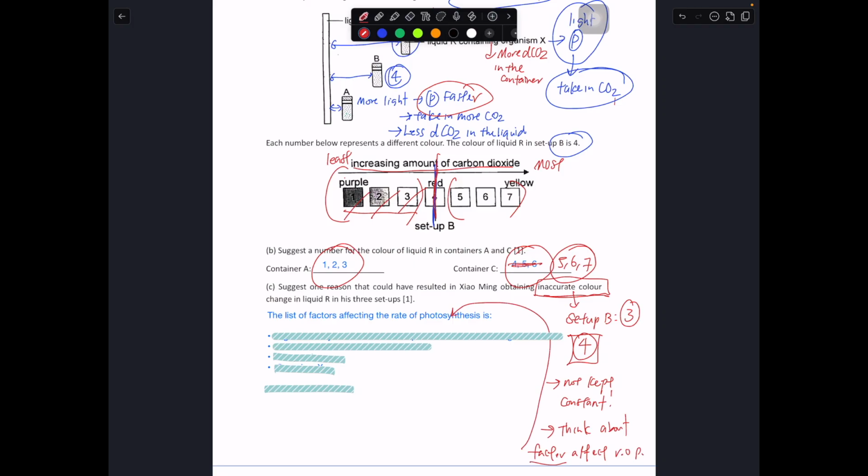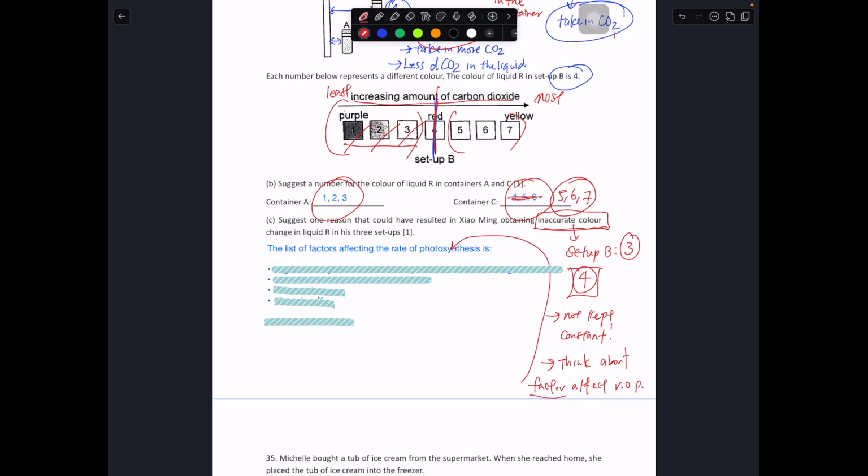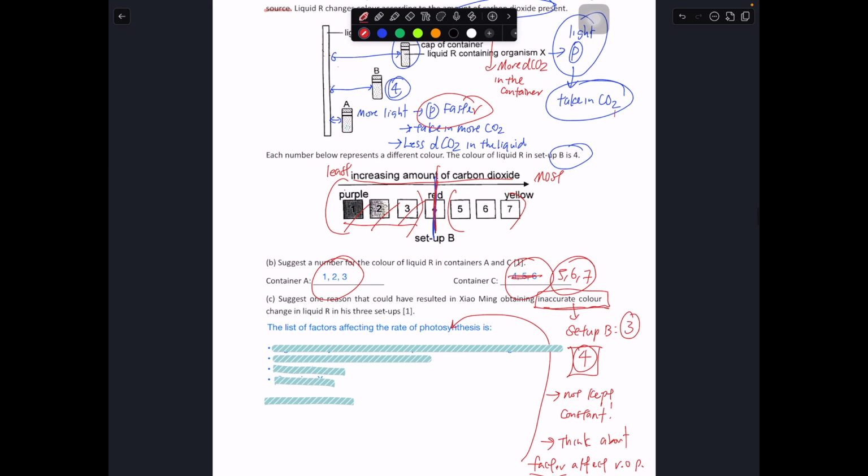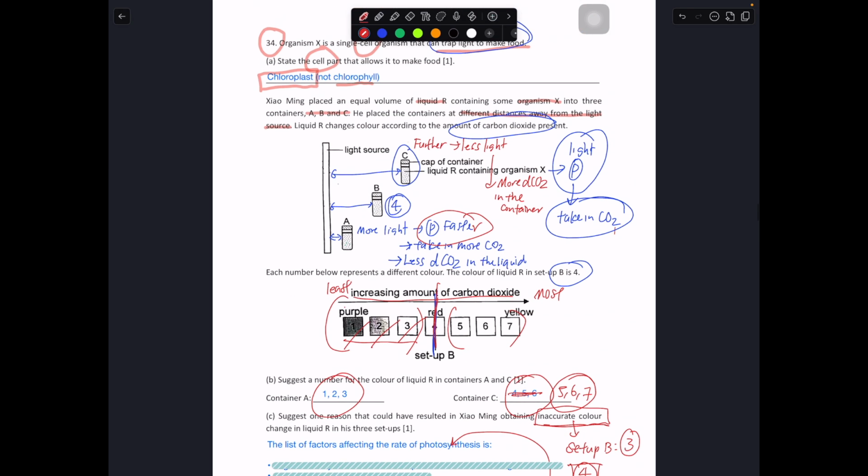What are the factors that will affect rate of photosynthesis? You have light, you have temperature, you have the amount of dissolved carbon dioxide originally in the container that could also be affecting the measurement itself. And last but not least, you will have X, because they say some.